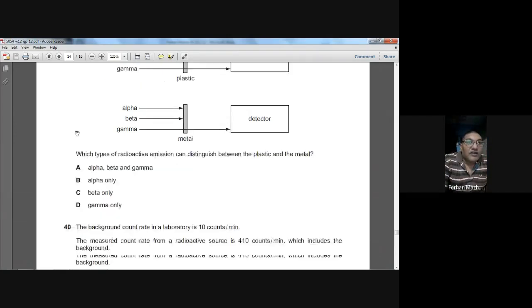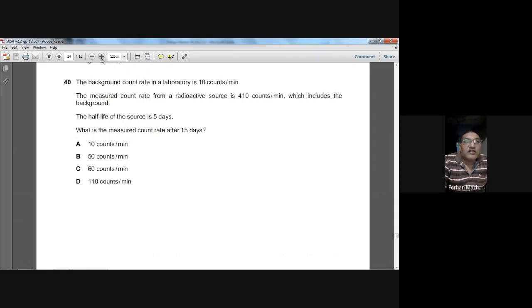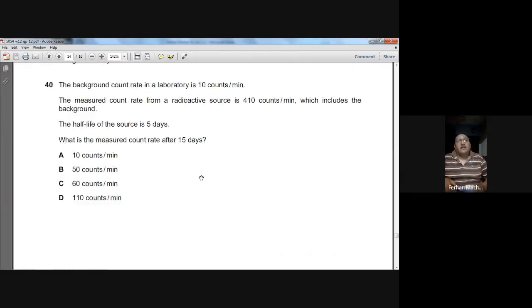Question number 40 is on your screen. The background count rate in a laboratory is 10 counts per minute. The measured count rate from a radioactive source is 410 counts per minute, which includes the background. The half-life of the source is 5 days.